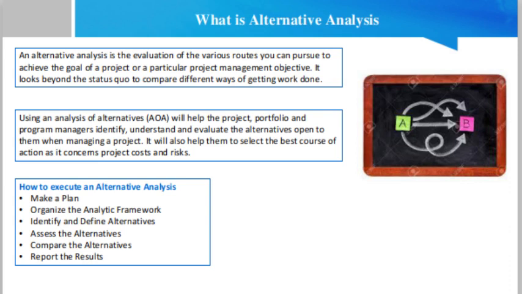Benefits of alternative analysis. Using analysis of alternatives will help the project, portfolio, and program managers identify, understand, and evaluate the alternatives open to them when managing a project. It will also help them to select the best course of action as it concerns project cost and risk. By looking at alternatives, decision makers have more data to make an informed choice with.